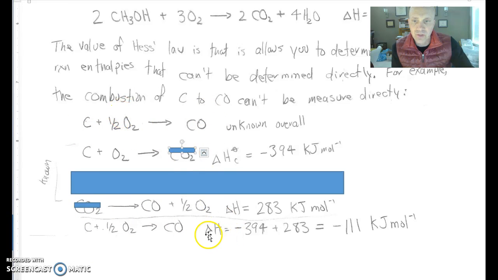In order to calculate the enthalpy change for this reaction right here, we apply Hess's law, which states that all we have to do is add up the component enthalpies, and that will give you the calculated enthalpy that we want.